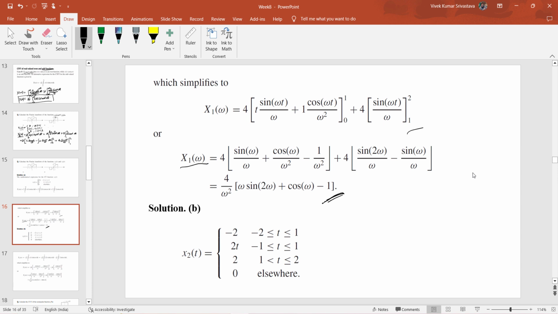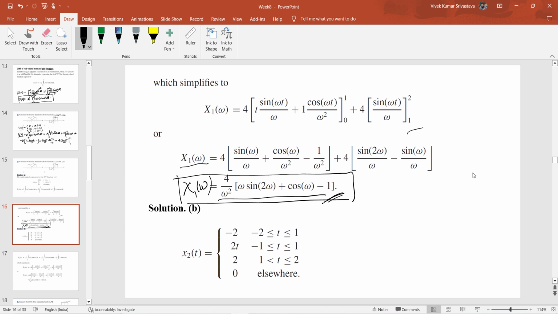I am leaving this mathematical part to you, so you can solve it later. Once you evaluate, you will get this expression of X1(omega). So this is the Fourier transform of x1(t).